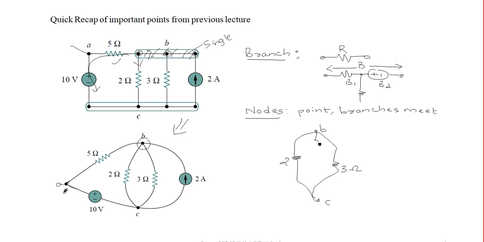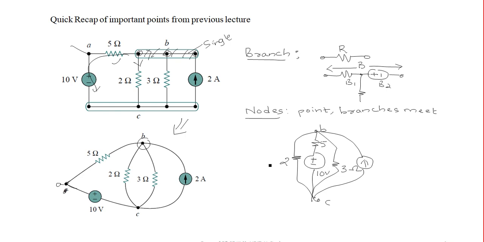This 5 ohm and this voltage source, I can club them and use them here, 5 ohms and 10 volt source, and this current source. Okay, so these are the different ways of representing these things.